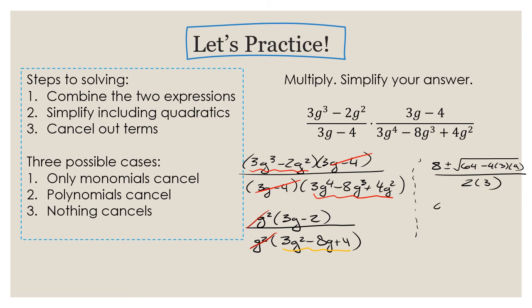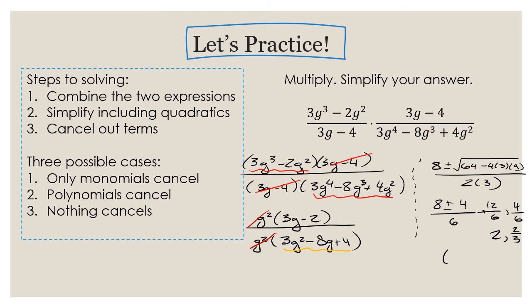All right, this is going to simplify to 8 plus or minus 4 over 6, which becomes 8 plus 4 is 12 over 6, and 8 minus 4 is 4 over 6. So that's going to give me 2 and 2/3.